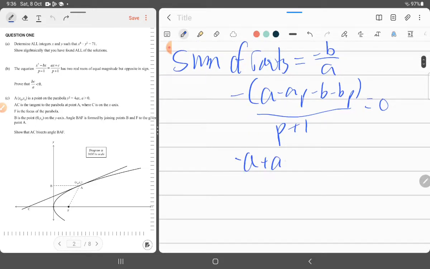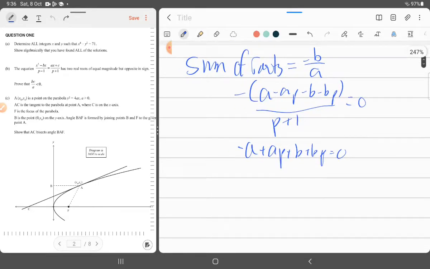Negative a plus ap plus b plus bp equal to 0. Actually, we can create an inequality so that the roots alpha times beta is less than 0.